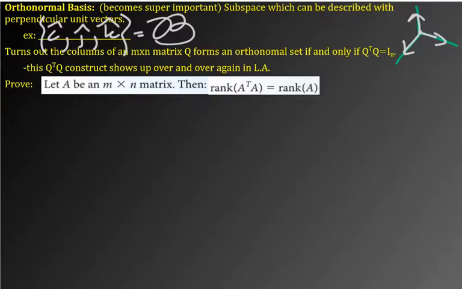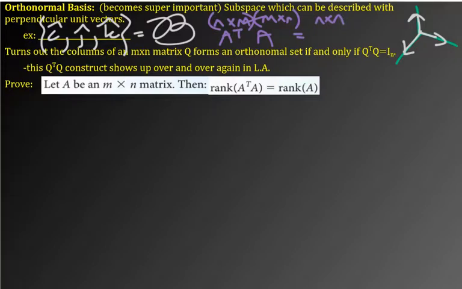I'm going to start off, and if you notice the sizes here, A transpose would be an n by m matrix, and A is given as an m by n. So if you do the product, you get an n by n matrix.